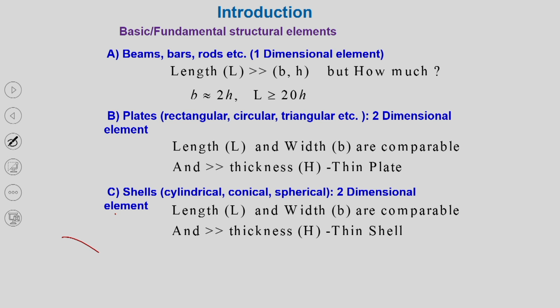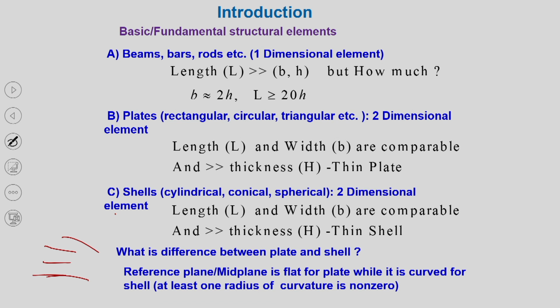But how do you differentiate between a plate and a shell? That differentiation is that the middle surface of the plate is flat, whereas the middle surface of the shell is curved. So, I am just going to give you an example. If you have a curvature, then we will treat it as a shell. If it is flat, then we will treat it as a plate.